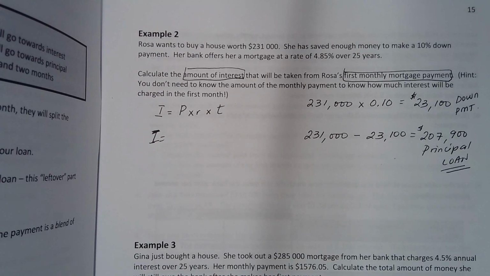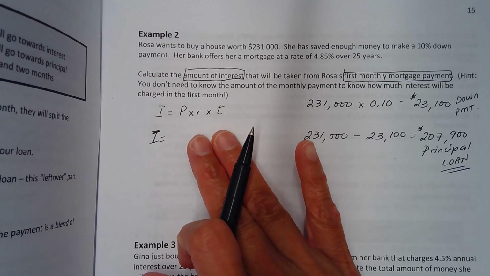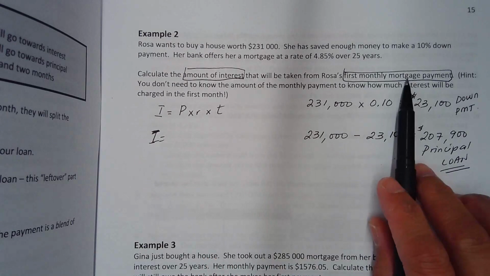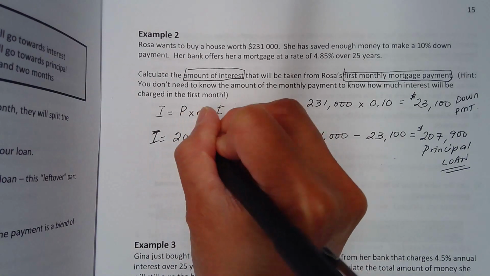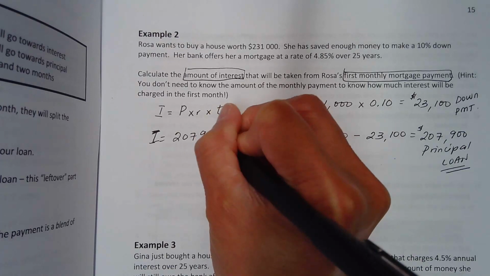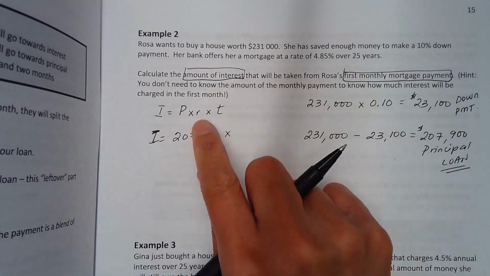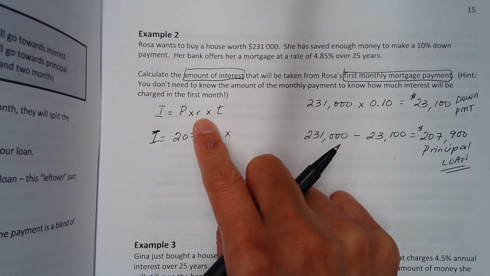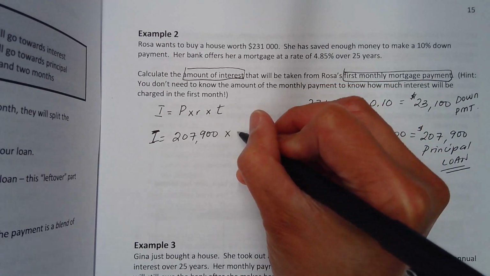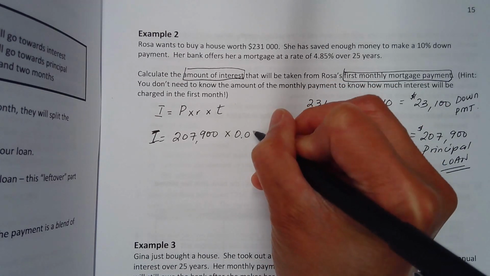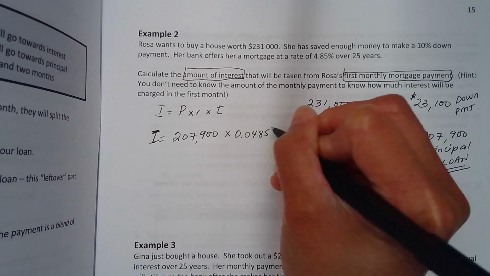Okay, good. Now what's the interest? The interest for the first month. So the principal is 207,900 times the rate. Okay, what's the rate that we're going to put in here? Yeah, that's right, 0.0485.